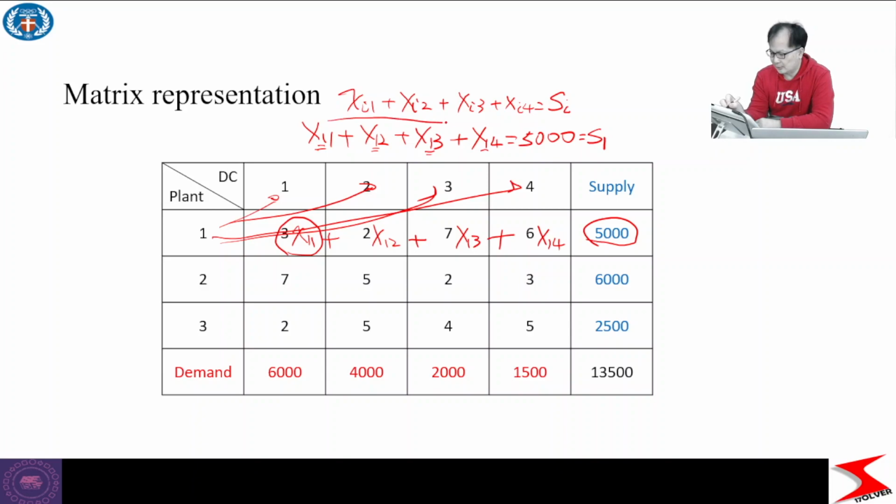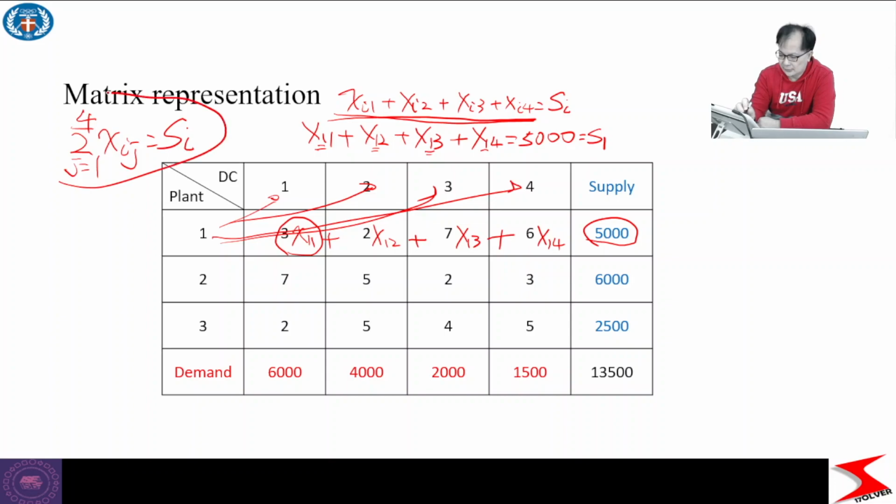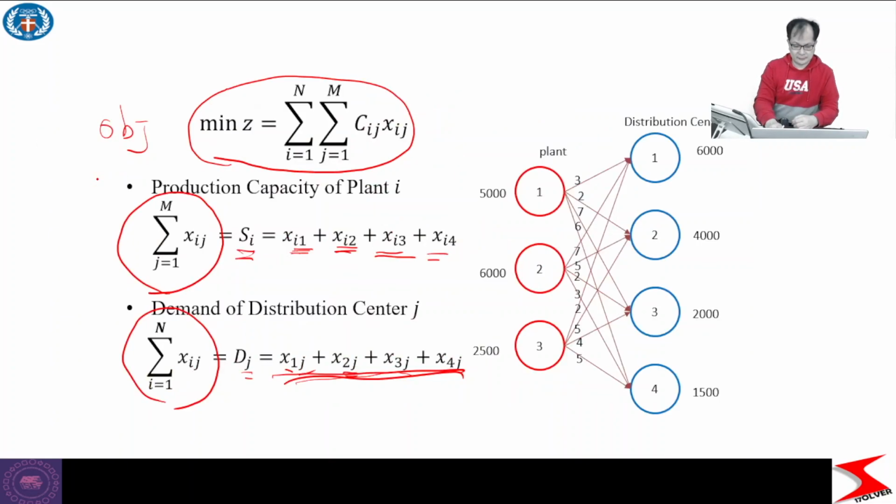Then we use the summation to represent this: the summation over j from 1 to 4 of xij equals Si. This is the constraint listed here, which is exactly the same as this constraint.